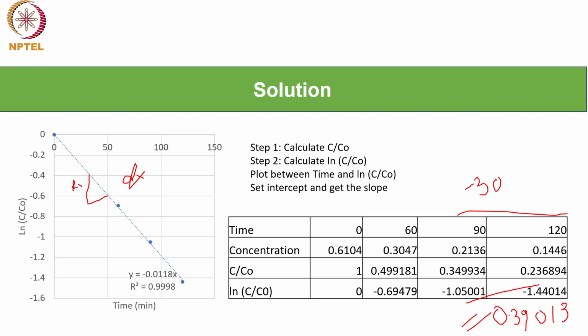So your slope will be basically this value divided by 30. If you do that, you will get the approximate slope.